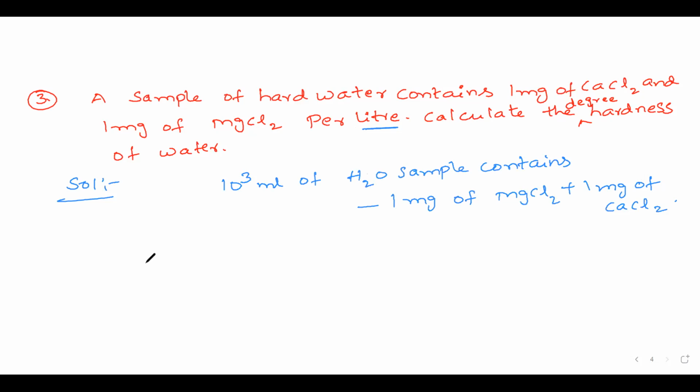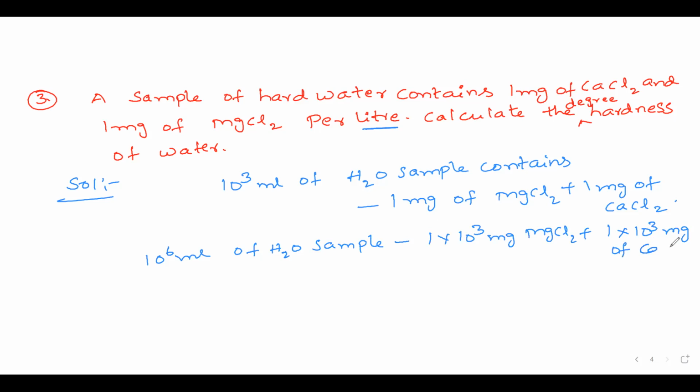So by this we can say 10 to the power of 6 ml, because we have to take 1 million parts, 10 to the power of 6 ml of water sample contains 1 into 10 to the power of 3 milligrams of magnesium chloride plus 1 into 10 to the power of 3 milligrams of calcium chloride. So by this you can say it contains 1 gram of magnesium chloride plus 1 gram of calcium chloride.